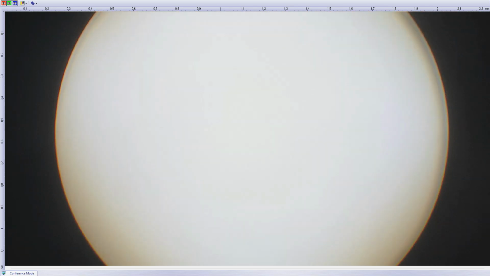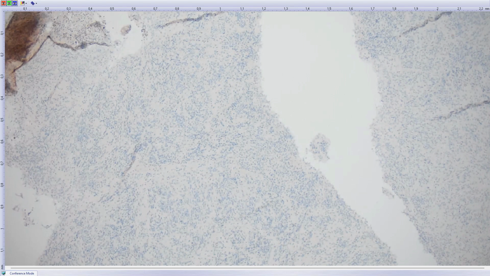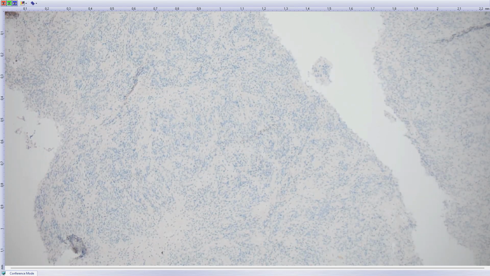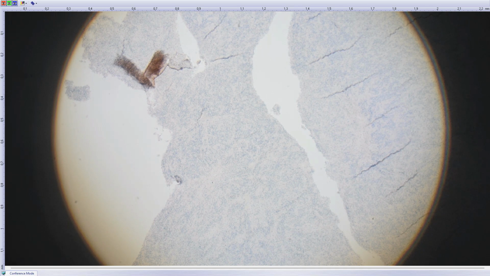And I will show you another immuno, and this is what I like to use when I'm making a diagnosis of ependymoma. This is SOX10 staining, and it's negative. I always want to see SOX10 negativity in a case of ependymoma.